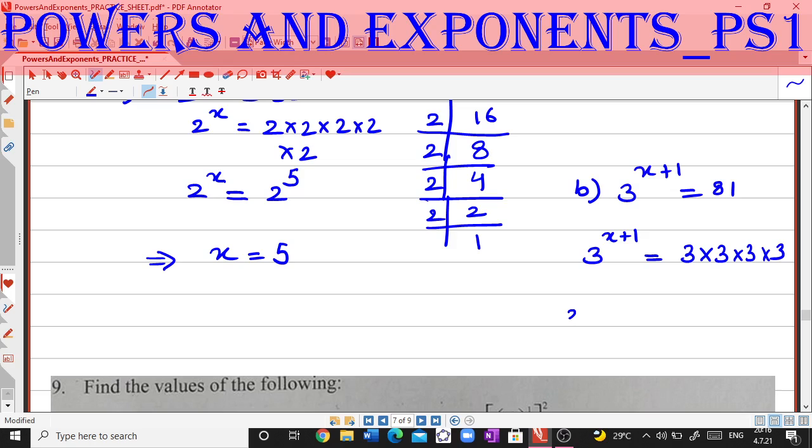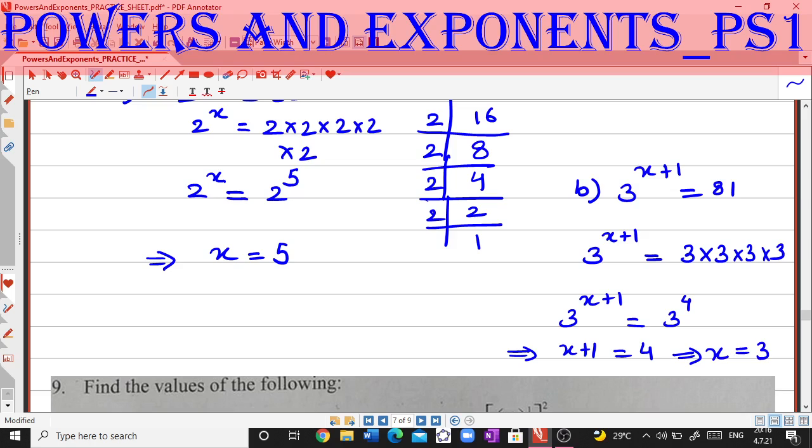So this is 3 raised to the power x plus 1, and this is 3 raised to the power 4 on the right hand side. So on comparing, you will find that x plus 1 is equal to 4. So this implies that the value of x is 3.